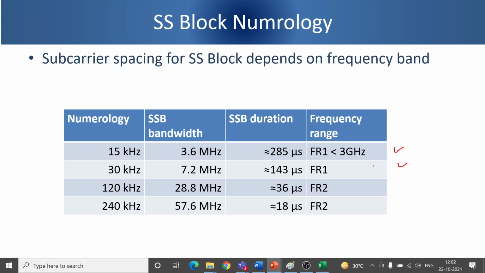In FR1, our numerology is 15 kilohertz. When my FR1 frequency is more than 3 gigahertz, it is 30 kilohertz. For FR2, it is 120 kilohertz and also 240 kilohertz. Both are used.